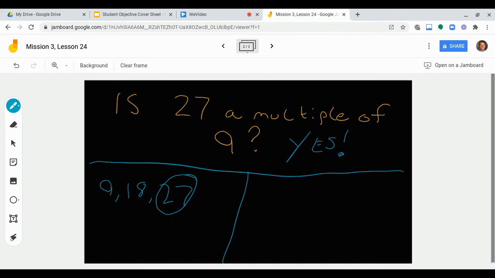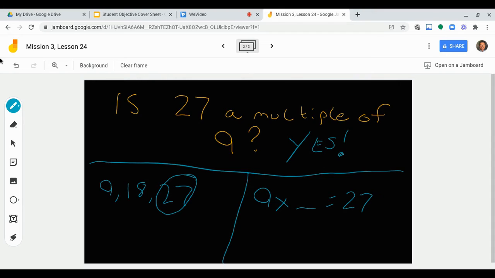Skip counting is great for smaller numbers. Where it gets a little trickier is when you start dealing with larger numbers. So the second question I can ask myself is, can I multiply a number times 9 to get 27? That's going to be helpful, especially when you start looking at bigger numbers. Yes, there is.